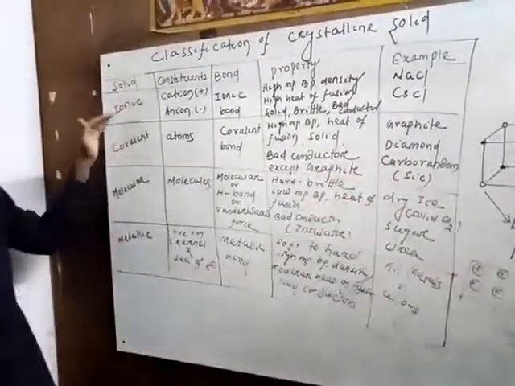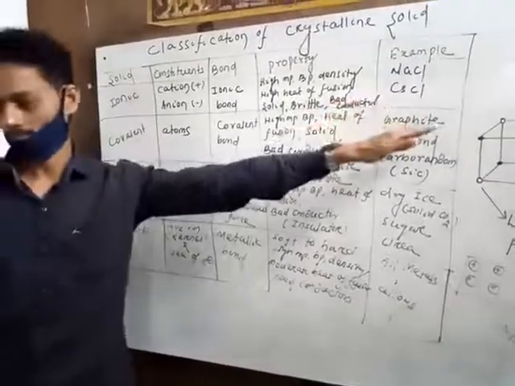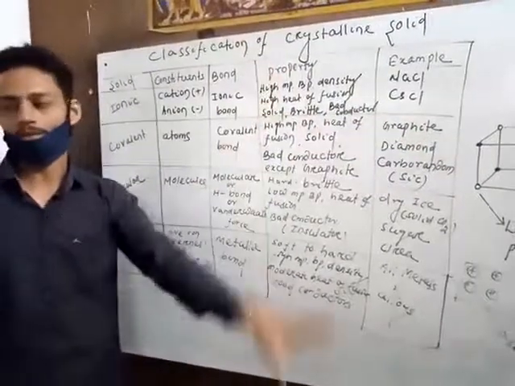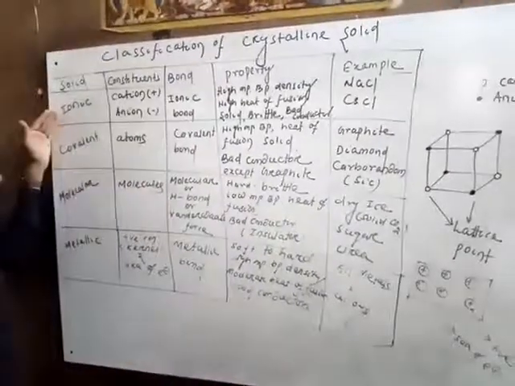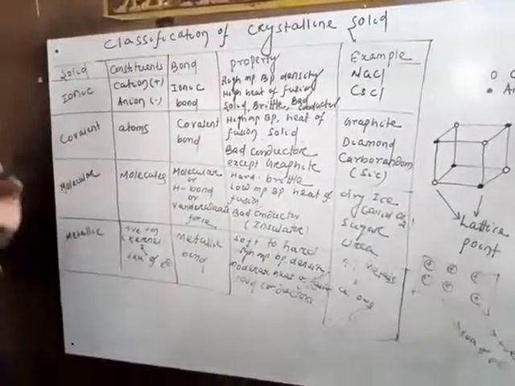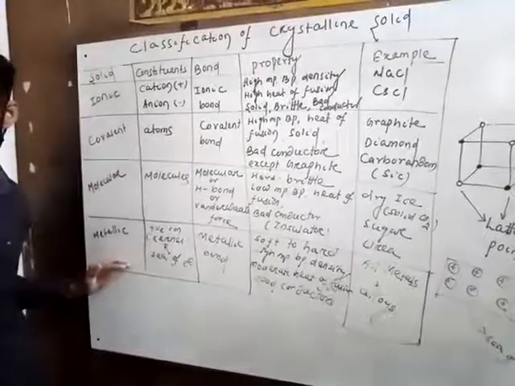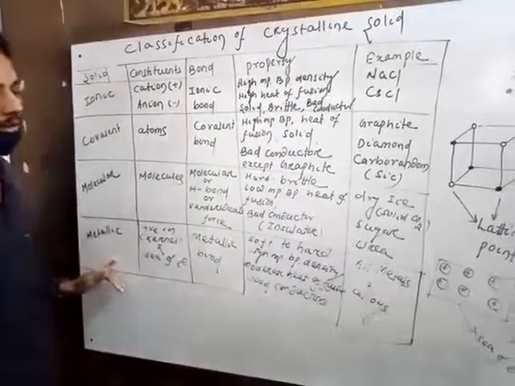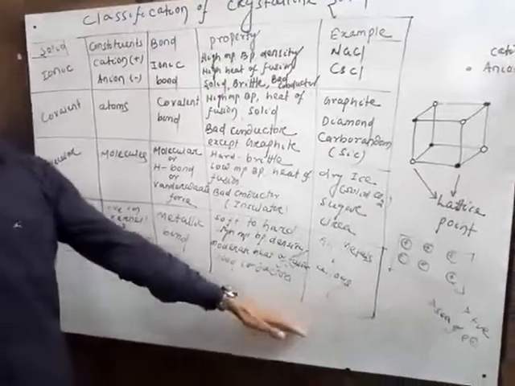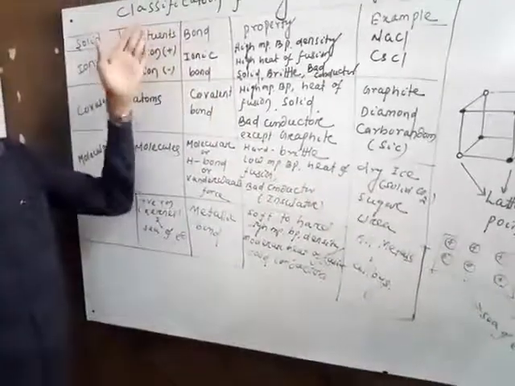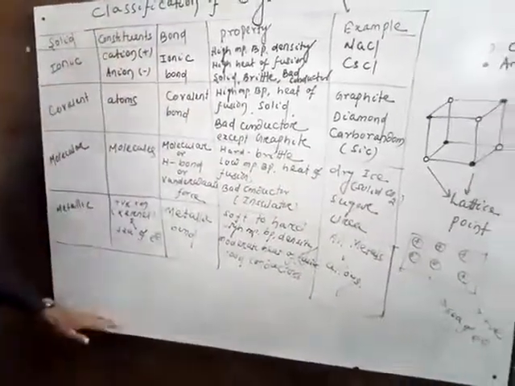What are ionic solids? Give example. There may also be multiple-choice options where you classify which one is ionic, which one is covalent, which one is molecular, which one is metallic. So there are different types of questions. By this table you can easily memorize all the characteristics of a crystalline solid.